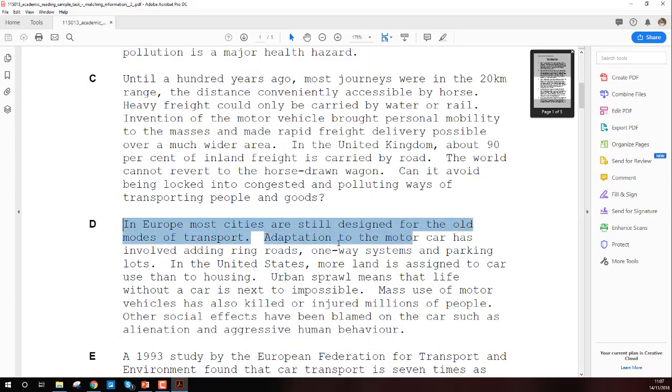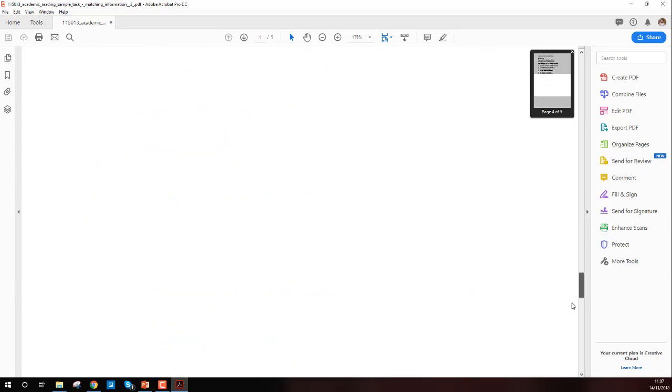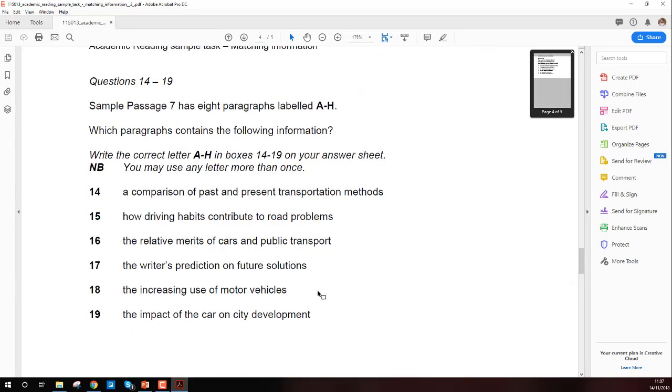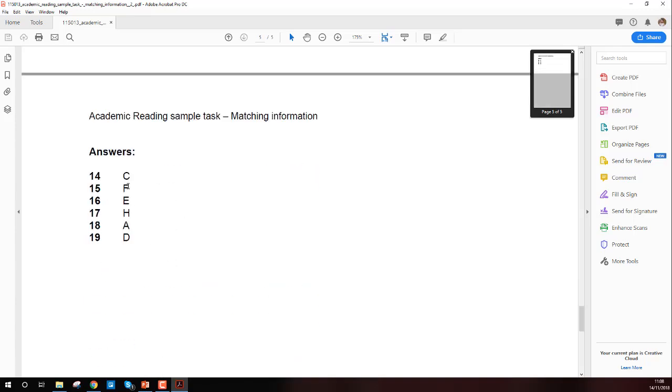Cities. So how cities adapt, how cities are built to accommodate cars. So that one is D. Okay, so answers are C, F, E, H, A, D. Let's see if I'm correct. C, F, E, H, A, D.